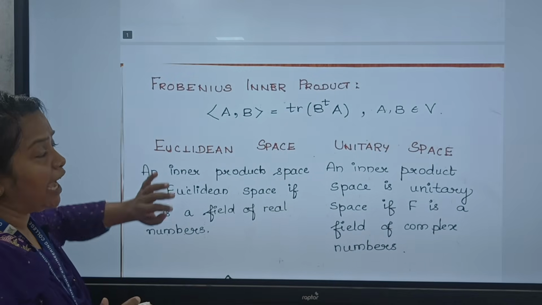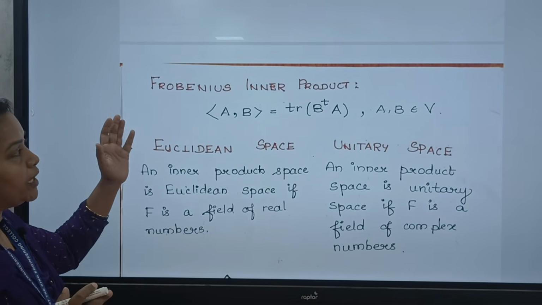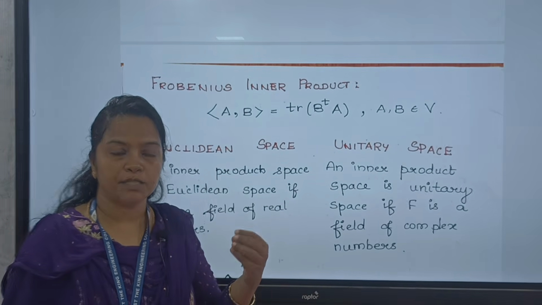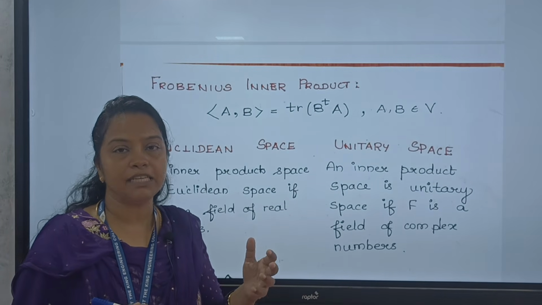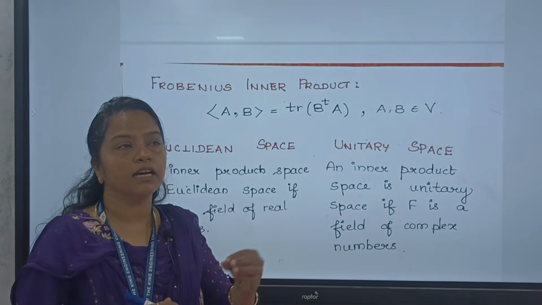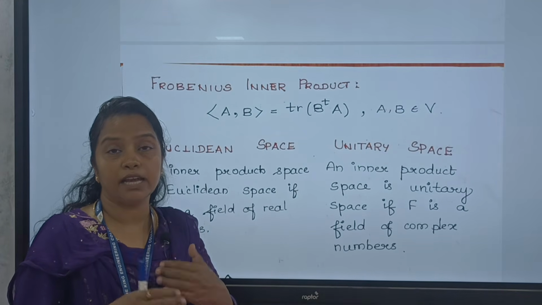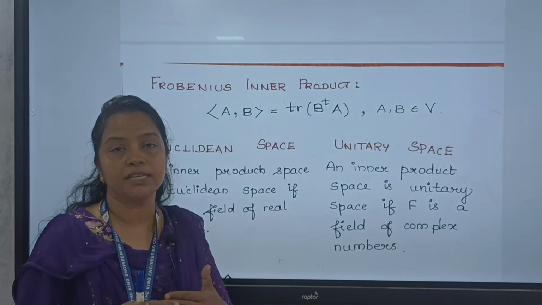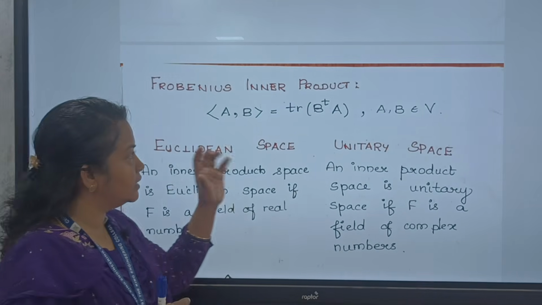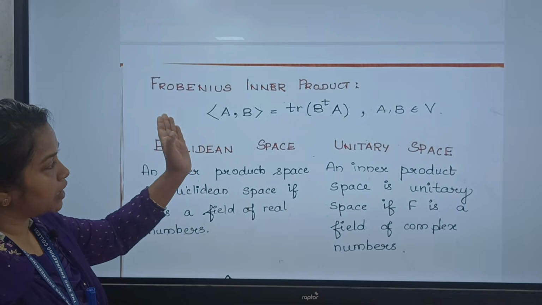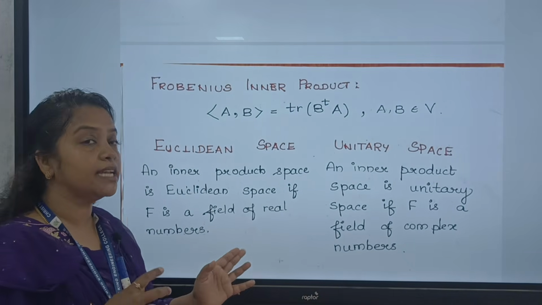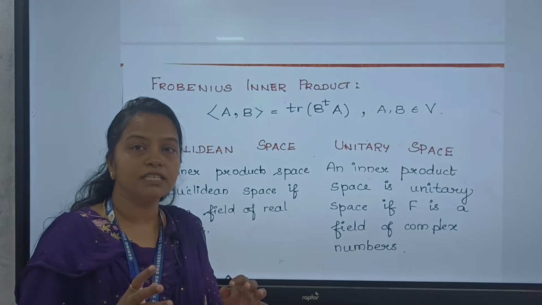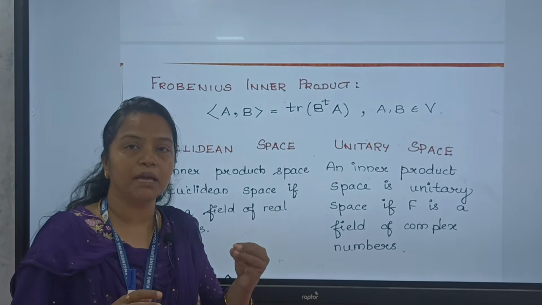Next, we have to know what the Frobenius inner product is. This result was formulated by Frobenius. He had many applications and undertook many examinations, and he found one result: the inner product of A, B is the trace of B transpose A. You have already seen the definition of the trace of a matrix.